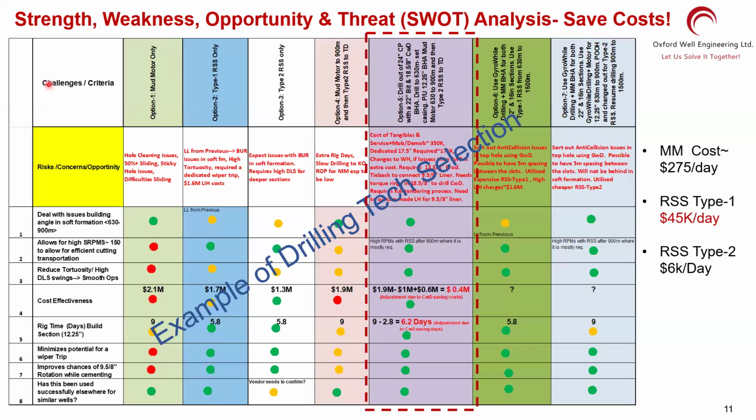Put in what you would like to deliver and what options you have, the risk factor, the money it is going to cost you, and the time. Then you can narrow into the option that gives you the best of both worlds with the minimum risks.